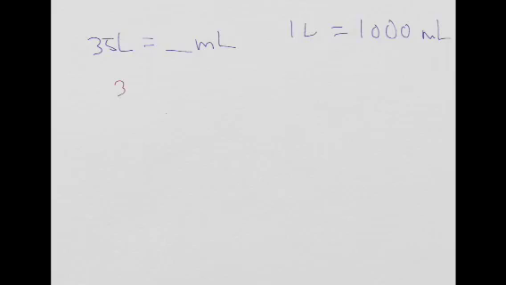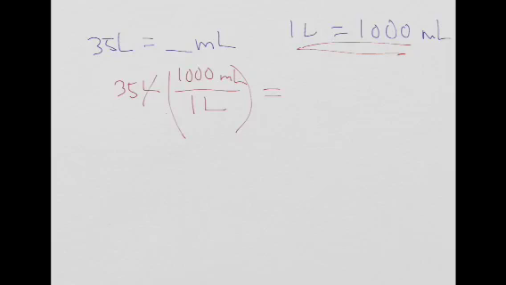So I have 35 liters, and I'm going to set up my true value here as a fraction, and I want to cancel liters. So what does that mean? I'm going to put liters in the denominator, and I want milliliters, the 1,000, in the numerator, so that I can cancel out liters and end up with just 35 times 1,000, which is 35,000 milliliters.